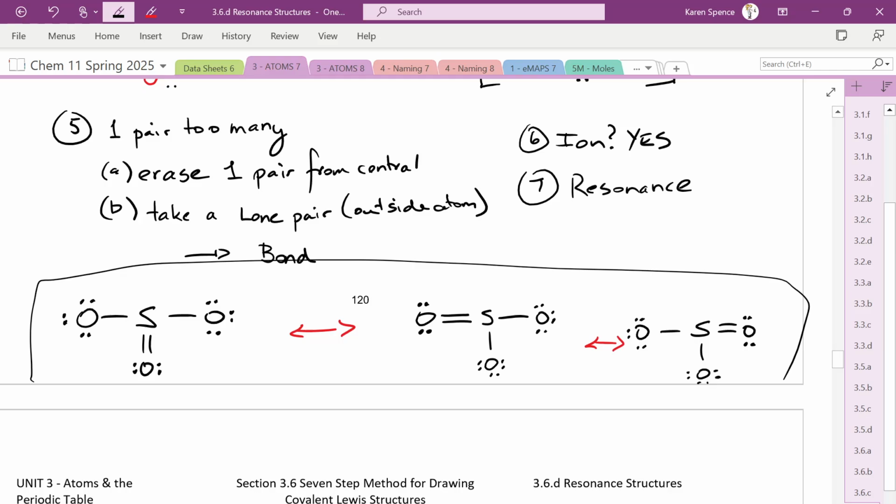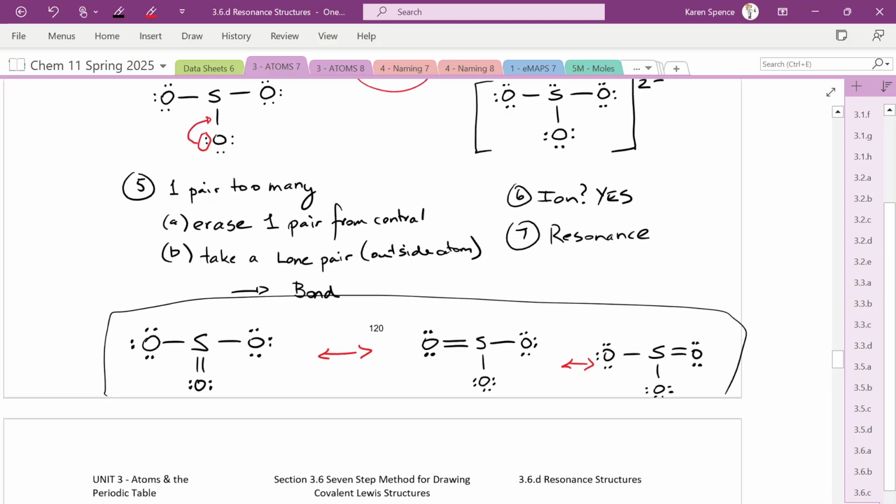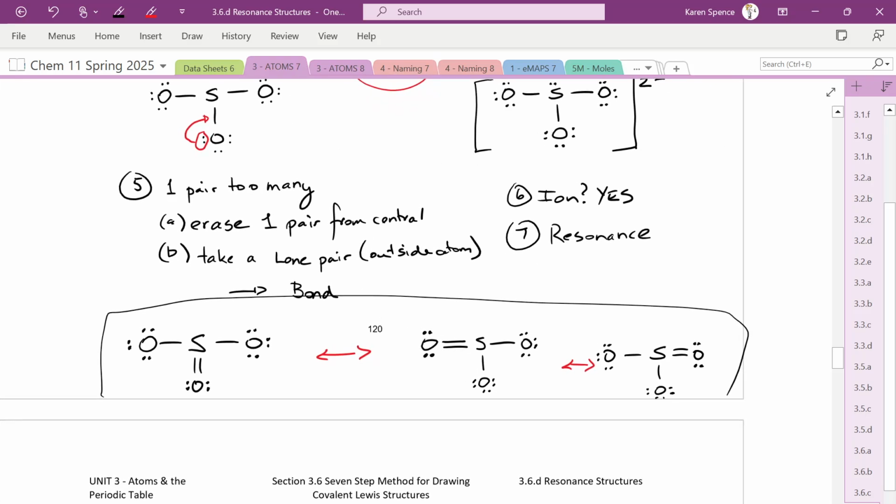Who has longer bonds? What kind of bonds are these ones? These are single bonds.